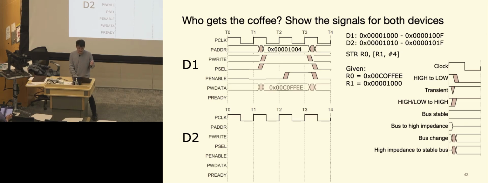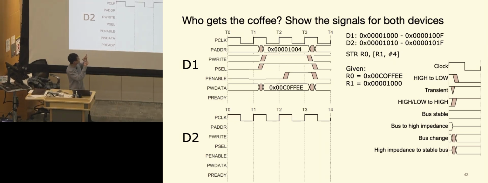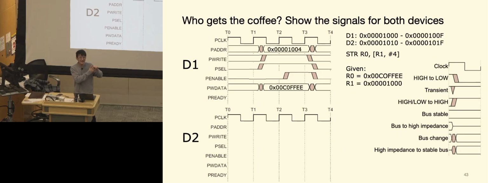And for the write data, they come in at the same time as the address, as you probably guessed. And what about P-ready? Which cycle do you think it means it's ready? That is correct. So the P-ready is there.